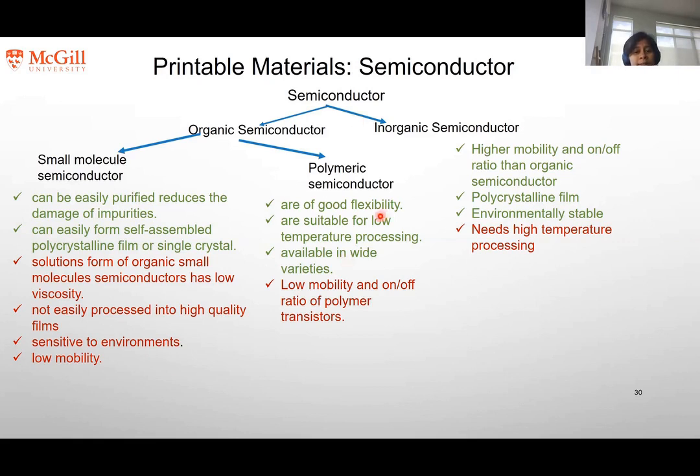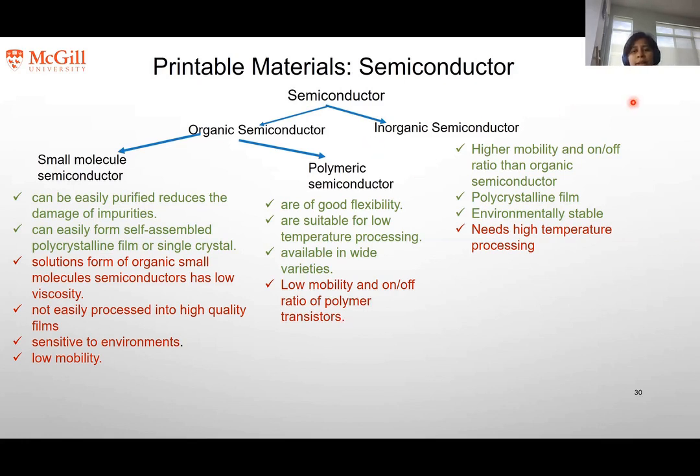Whereas polymeric semiconductors have good flexibility. They are suitable for low temperature processing. We can design them, so we have a wide variety. But they have low mobility, and the on-off ratio is low.